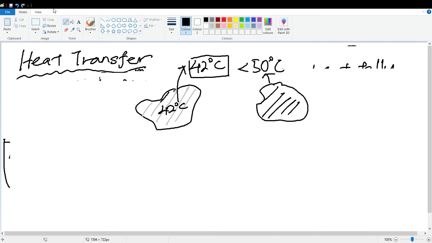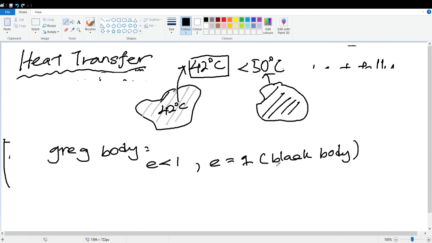As for the gray body, since the total energy emitted is actually less than the total energy emitted by the black body, I can say that the emissivity of the gray body is less than 1. The emissivity for the black body is equal to 1. So this is the black body.